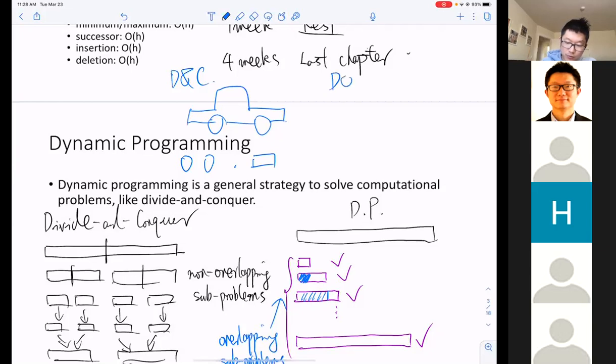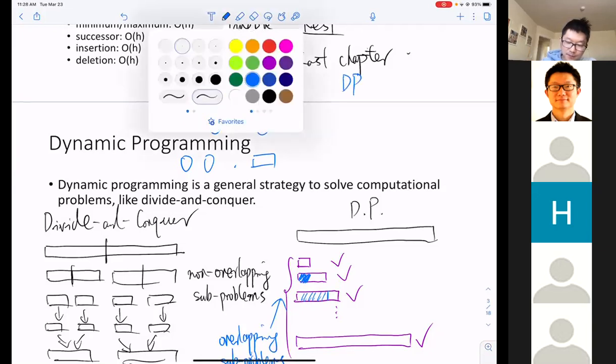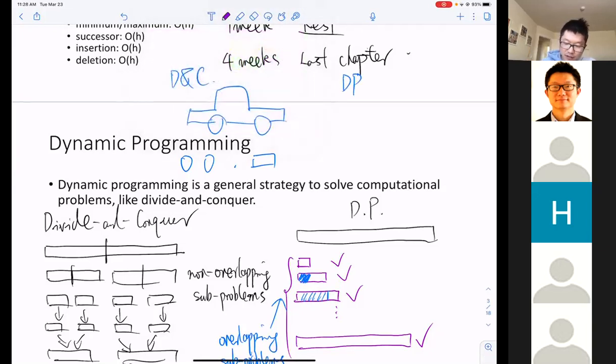But if we use dynamic programming, things will be totally different. It's like your mother is asking you to move the first third of the car to the garage, and then your grandmother asks you to move 2/3 of the car to the garage, and then the completed car to the garage.